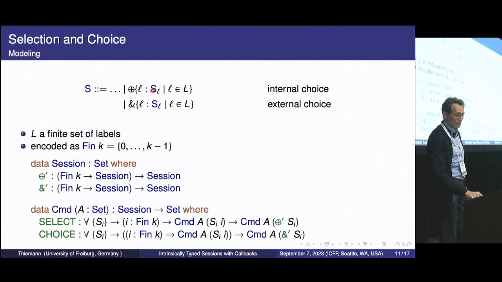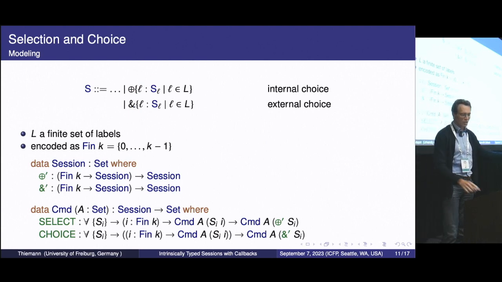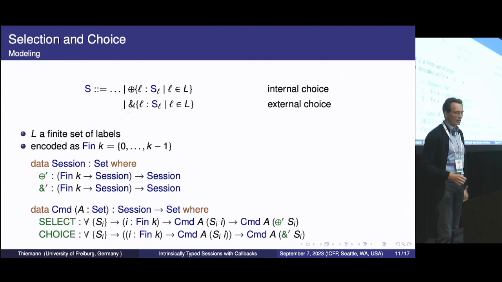Namely, internal choice, where your code can choose between different continuations indexed by some label L, or external choice, where your code can handle different continuations. So you receive an indication, a label that tells you this is the continuation that the other end of the channel has used. Well, and then there's the simple matter of encoding that.